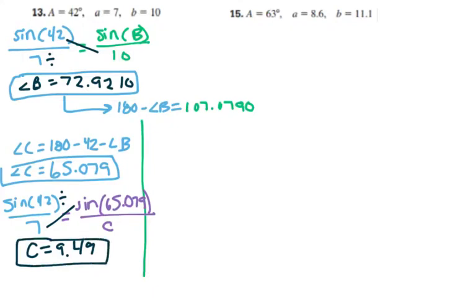Alright, but then the other side, we're going to get angle C by subtracting from 180, so 180 minus 42 minus 107.0790.